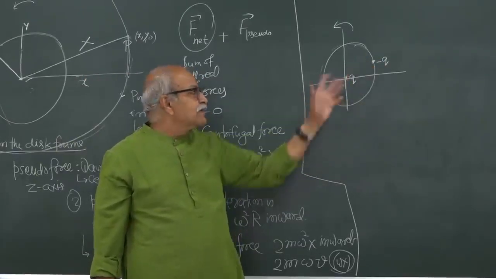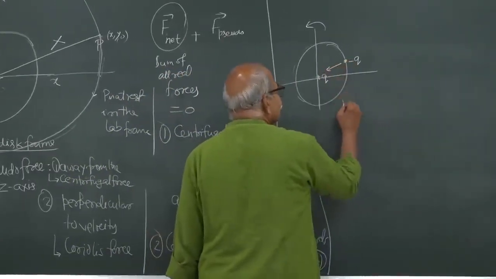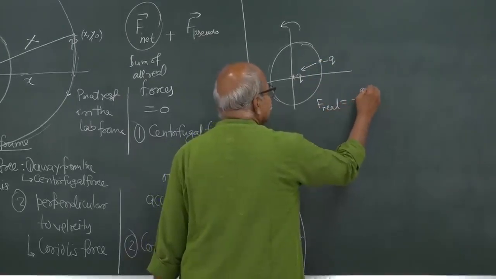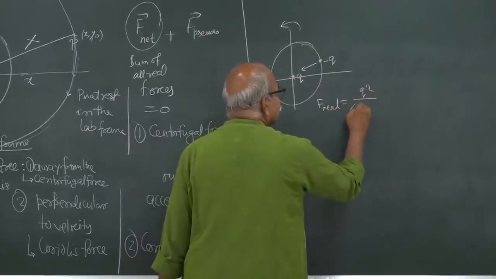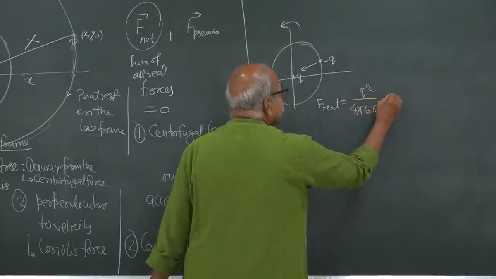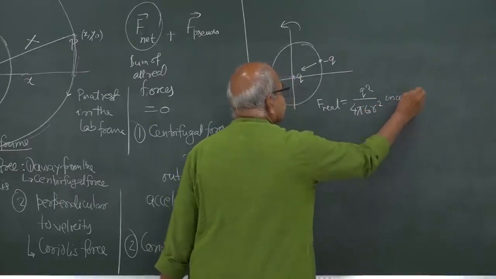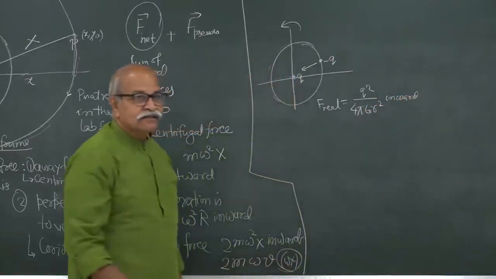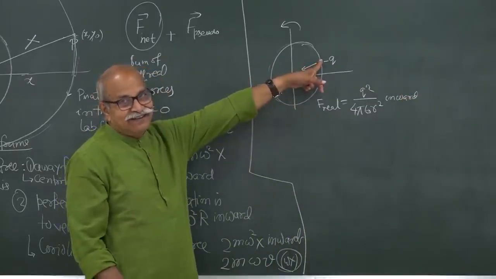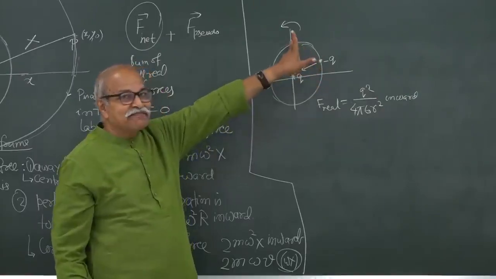If this frame is not rotating, then the actual real force is q square by 4 pi epsilon naught r square inward, force of attraction, okay, inward. This much is the force, but this particle is at rest. This particle is not going in a circle. I am talking from that rotating frame.